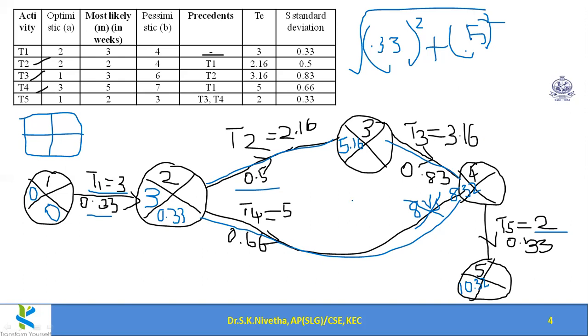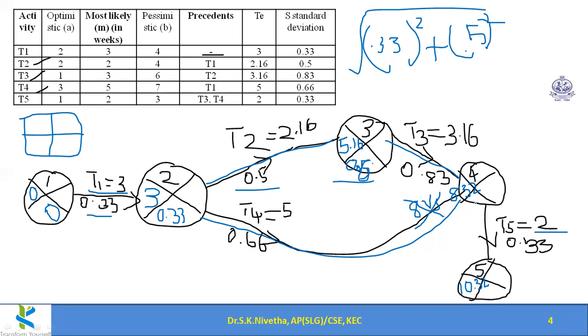Final result: 0.598. So can I make it 0.6? 0.6 approximately. Okay, so this becomes 0.6.